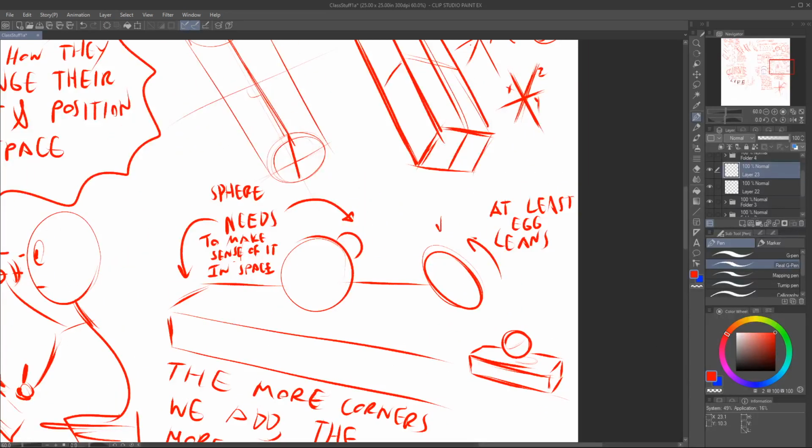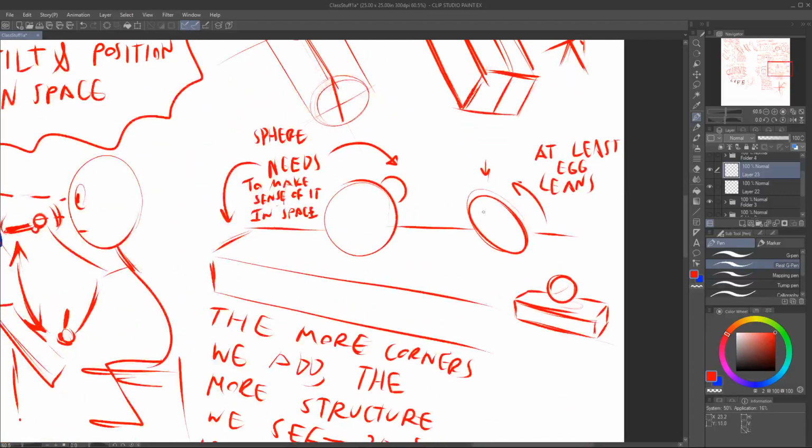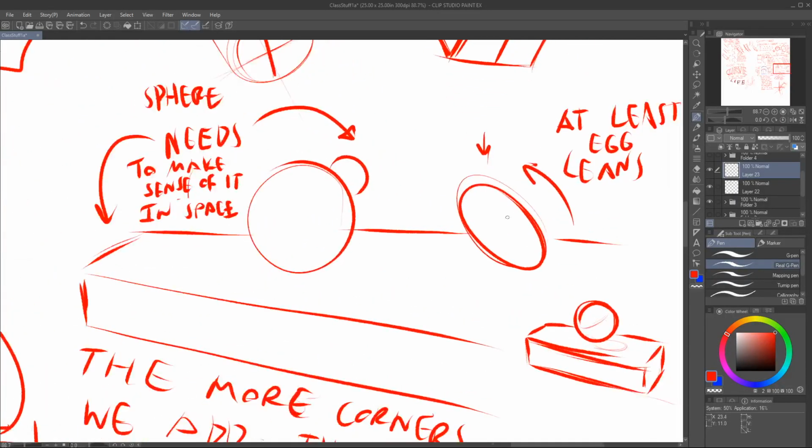But also, like that aforementioned egg shape, the egg is already better off than the sphere at describing 3D space, because you can visually tell a little better what direction it's leaning. You don't know how this is tilted. You don't know what surface is what over here.